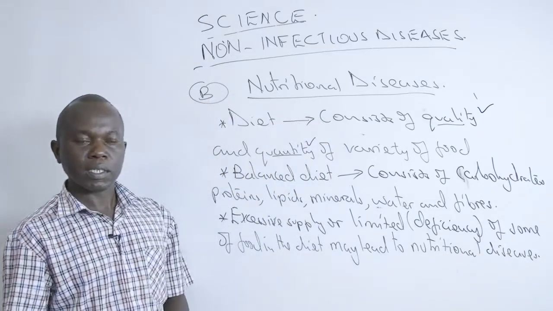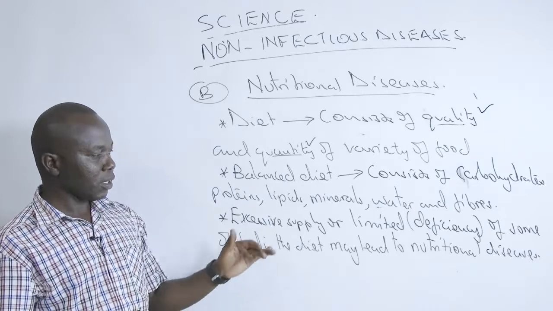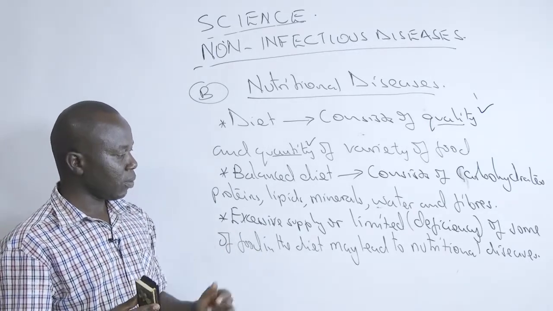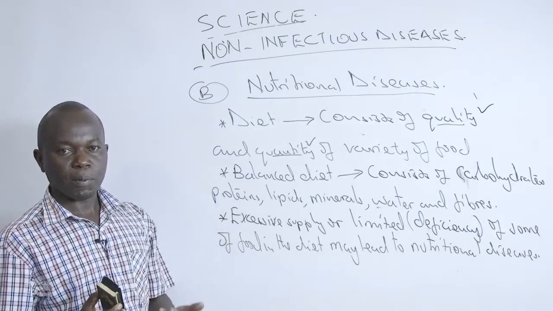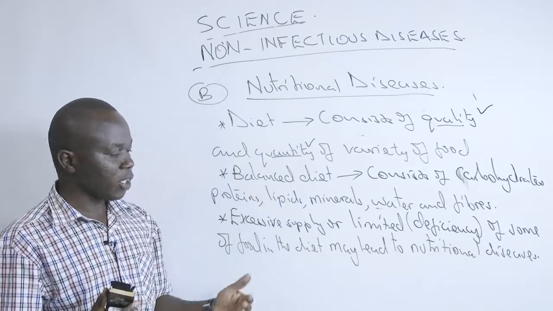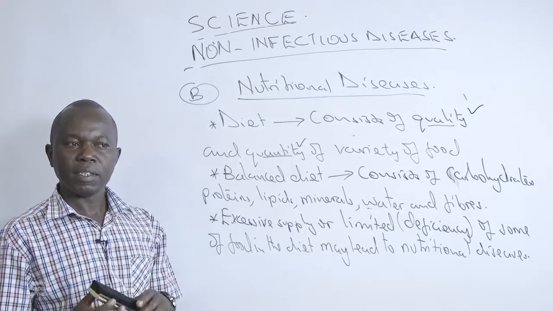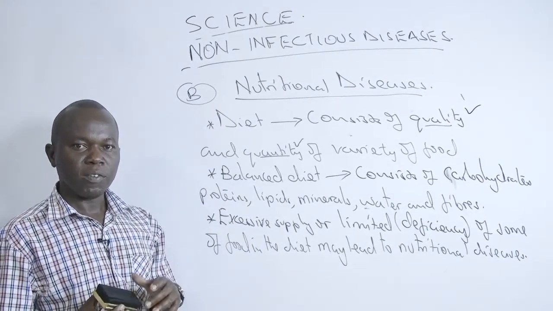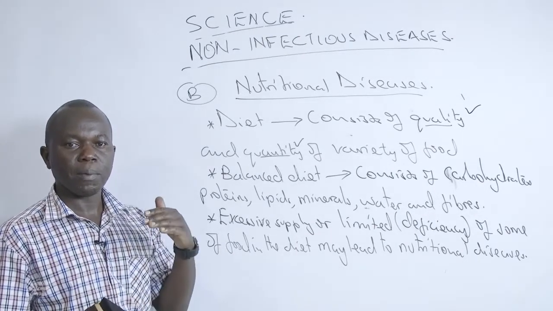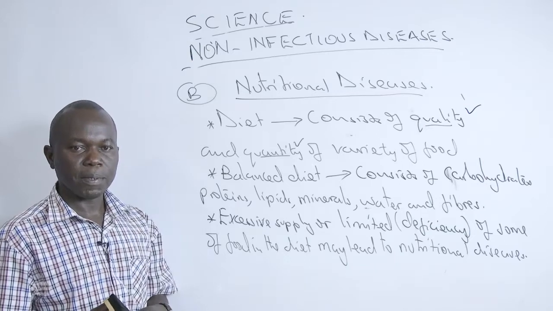We can use examples. For instance, if you take excessive amount of fats in your diet, you know the problem. It usually leads to accumulation of fats in the blood vessels. The effect is that there will be a problem on the heart, there will be a problem of high blood pressure.